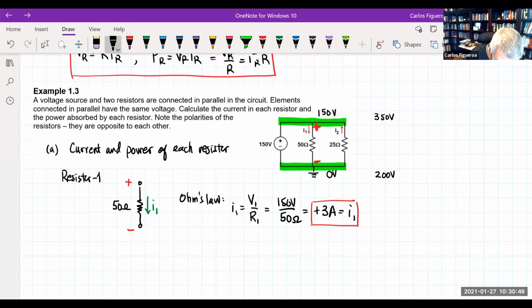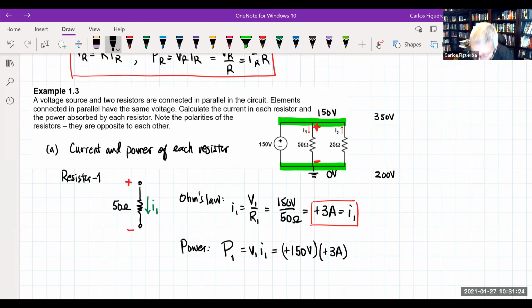Now if I calculate the power, the power of 1 should be the voltage of 1 times the current of 1. And when I look at the power, you can see here that the voltage is in the positive direction, so this is going to be plus 150 volts. Note that the current is entering the positive terminal, so this is going to be positive 3 amps.